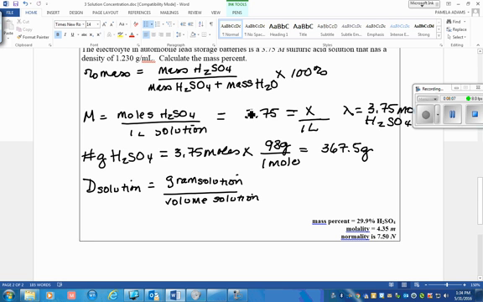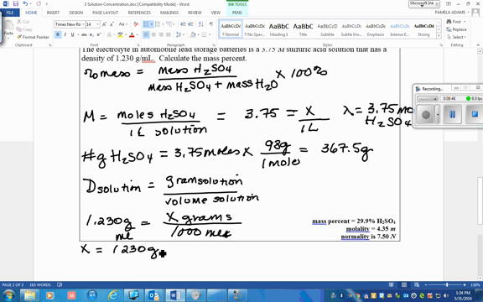If we have 3.75 moles, that would be in 1 liter of solution. So 1.230 grams per milliliter. The density is equal to how many grams if we have 1,000 milliliters. Where did the 1,000 come from? 1 liter is equal to 1,000 milliliters. So the mass of our solution is 1,230 grams.